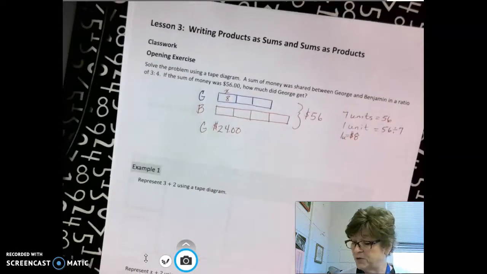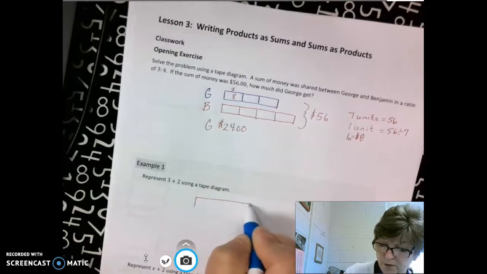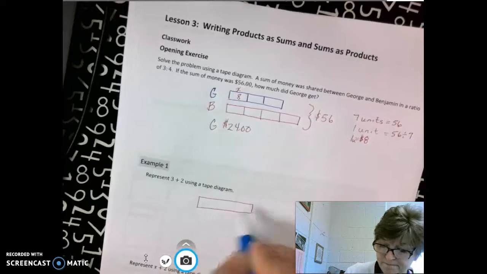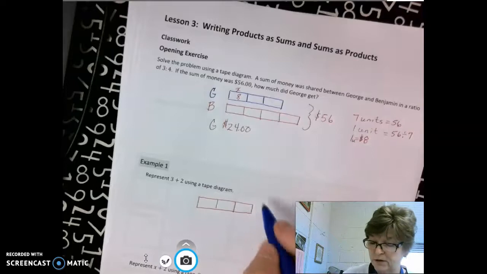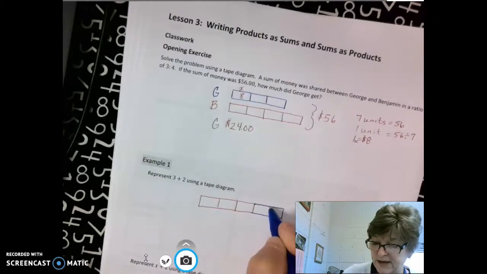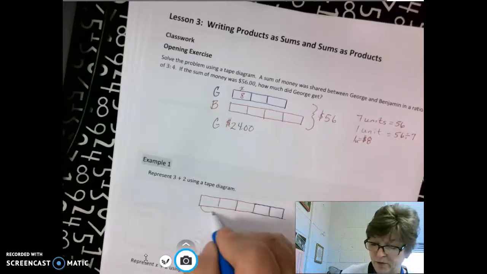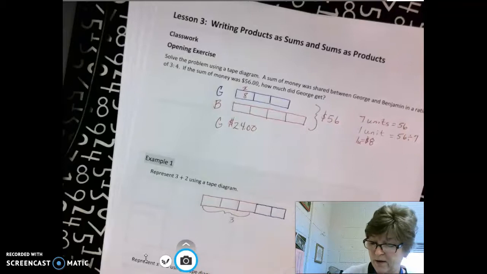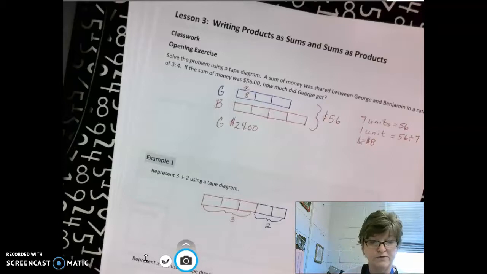Represent 3 plus 2 using a tape diagram. So 3 plus 2. Notice my units are the same size, and we have 3 plus 2 for a total of 5 units.